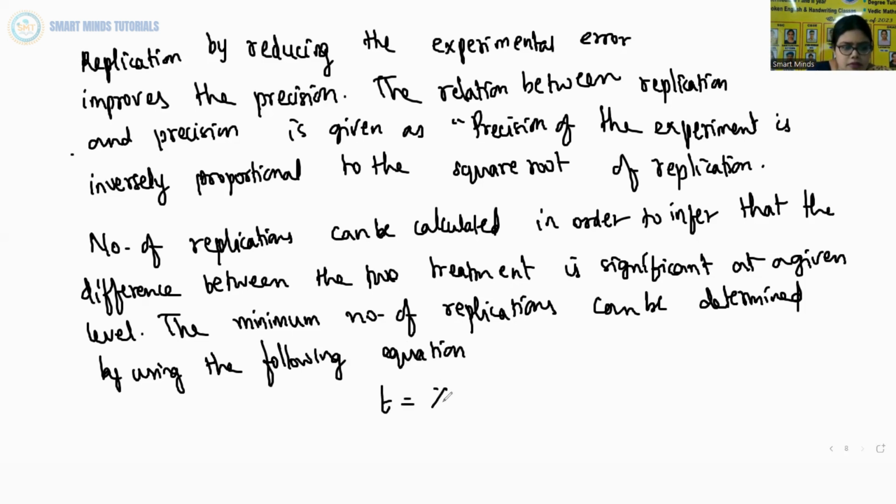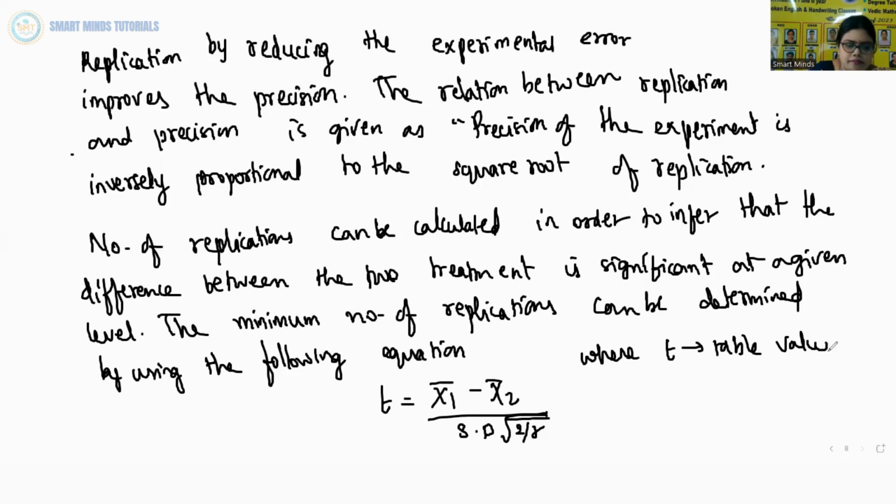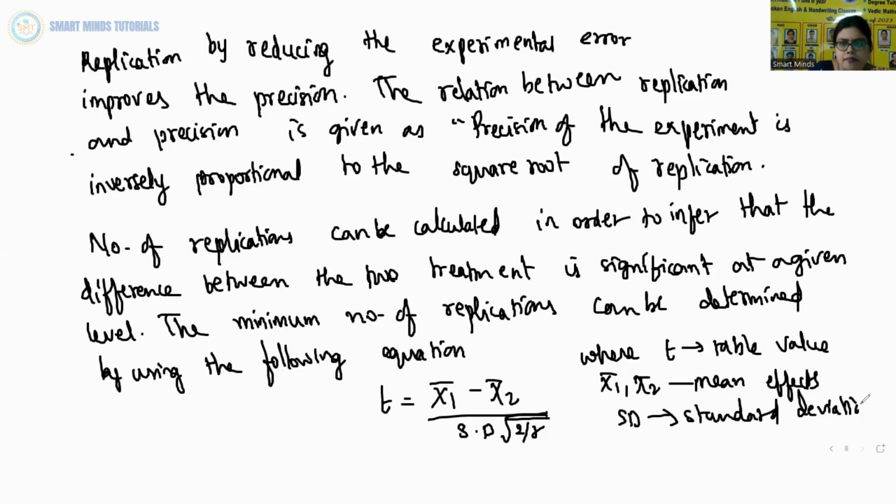T is equal to x1 bar minus x2 bar by SD root over 2 by R, where T is table value, x1 bar and x2 bar are mean effects, SD is standard deviation, and R is number of replications.